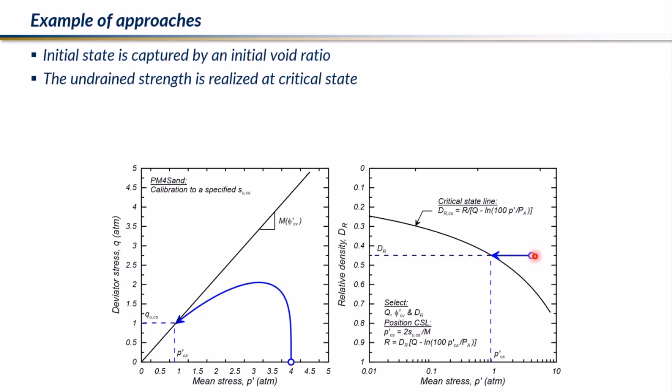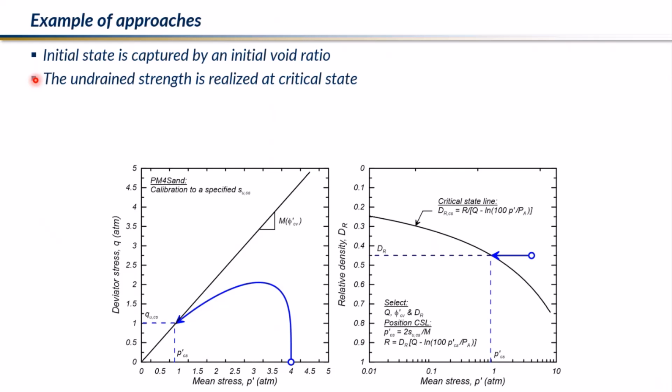Its counterpart in the critical state domain is horizontal because you're not changing volume, so your void ratio stays constant, and you start, in this case, from illusive critical, and then you move to the left. Now, it's important to realize, first of all, yes, the initial state is captured by an initial void ratio. The undrained strength is realized at the critical state.